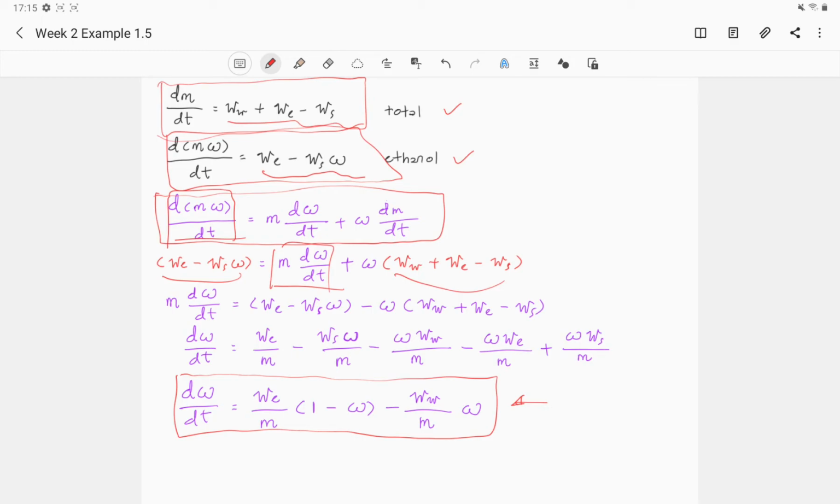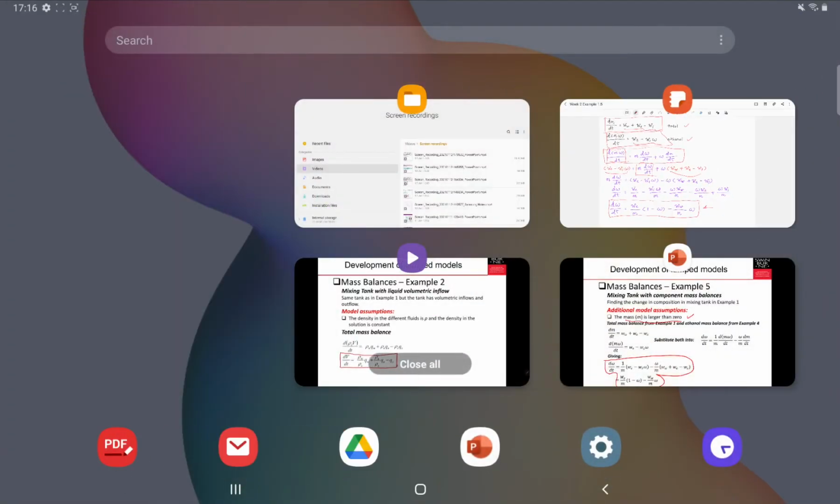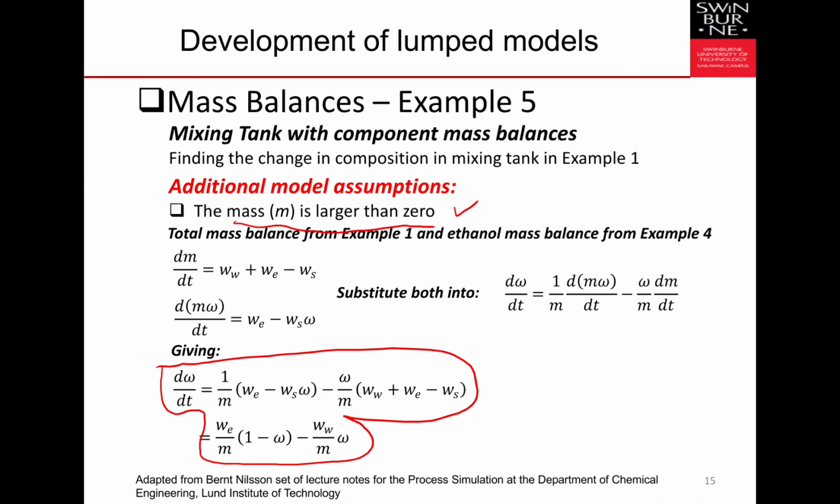Then I move back into my slide again. So you need to cross check from the video. Just go backward and go forward to see whether everything is consistent.